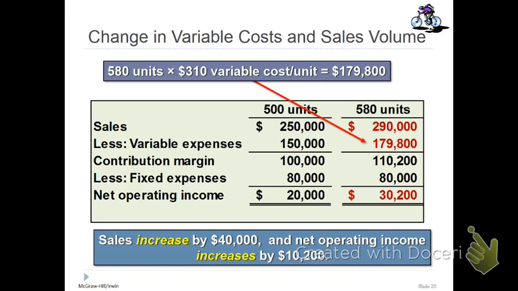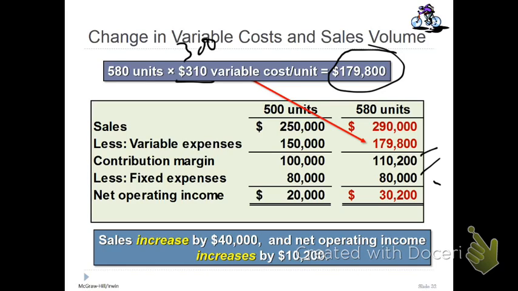They were $300. Now they're going to go up to $310, so my total variable costs are going to go up to $179,800, which leads to my contribution margin going up to $110,200, I should say.